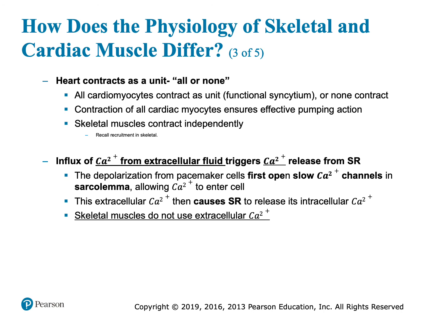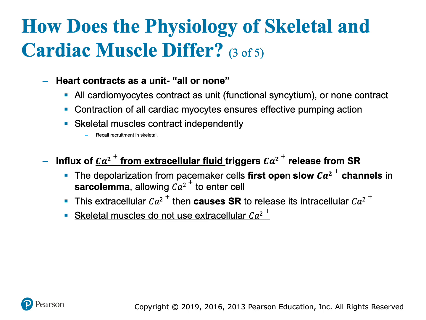It has calcium that is going to trigger contraction. Calcium from the outside of the cell is actually what's going to trigger the release of more calcium from the sarcoplasmic reticulum. First, we're going to have some slow calcium channels in the cell membrane.